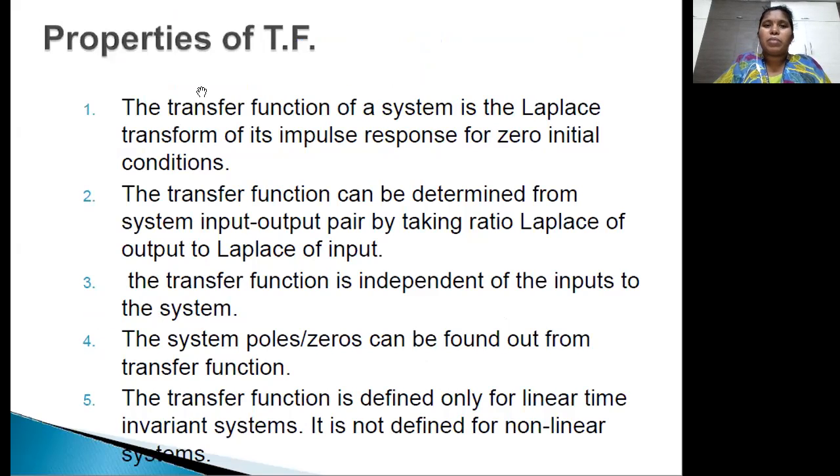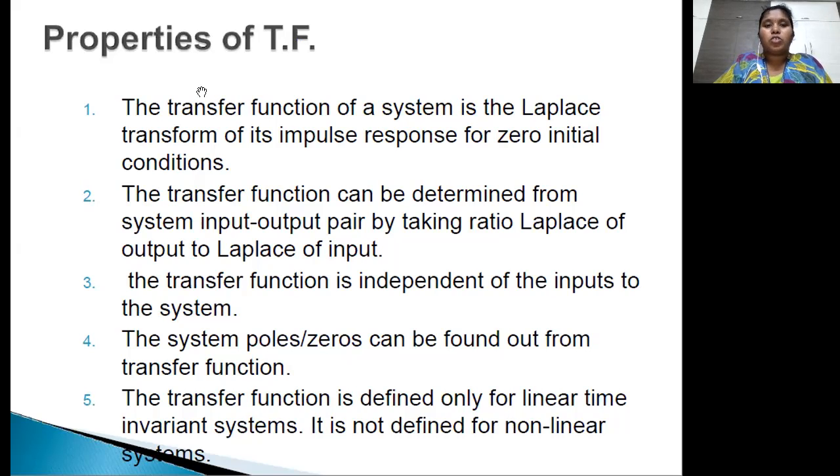A linear time invariant system is nothing but one which satisfies both the linearity and time invariance properties. That system can be called a linear time invariant system. In the last classes I already explained what properties it has to follow to become a linear time invariant system.